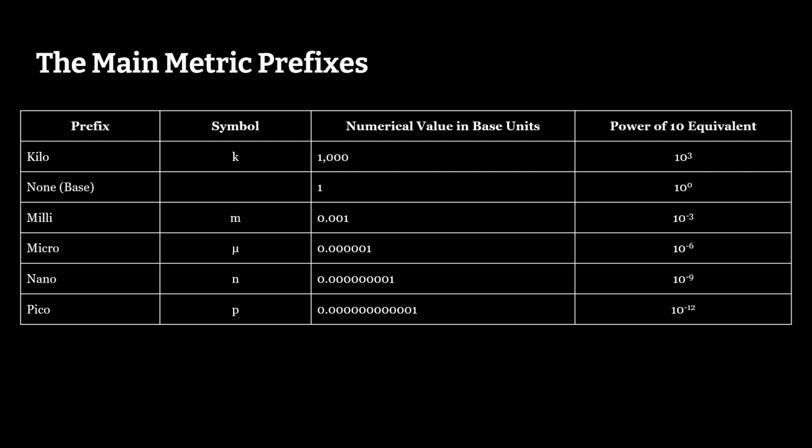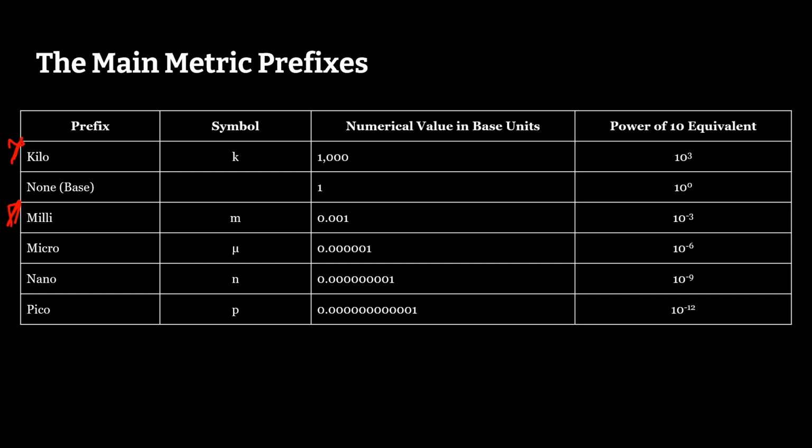Most of the time for us, we are going to be talking about milli and kilograms. Whenever we are talking about our atoms, that is going to get into the nano and pico range. So we have our symbol, kilo being our K, our milli being a lowercase m, and so forth.